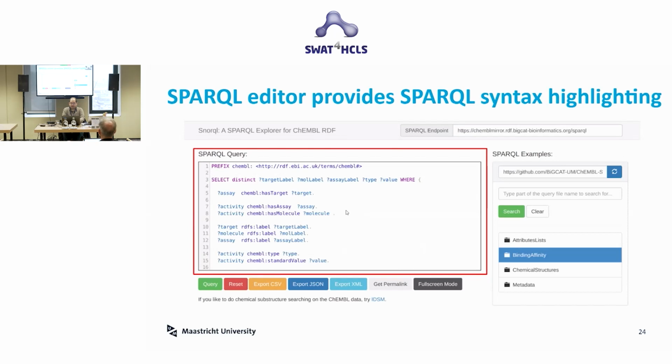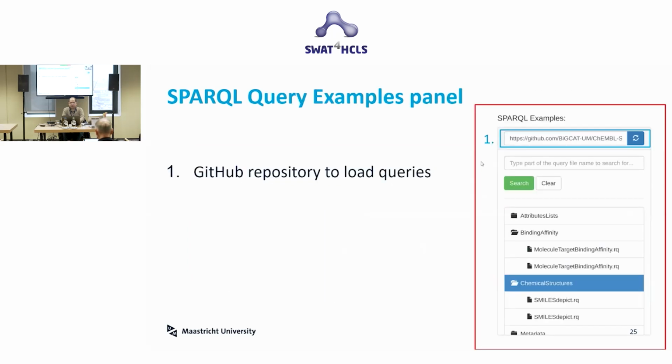This is the editor part where you write your query, and on the right side, this was a very helpful feature we added to Snorql, which allows you to specify a GitHub repository where you put all those query files, and you can just load the queries from any GitHub of choice, and you can reuse them.